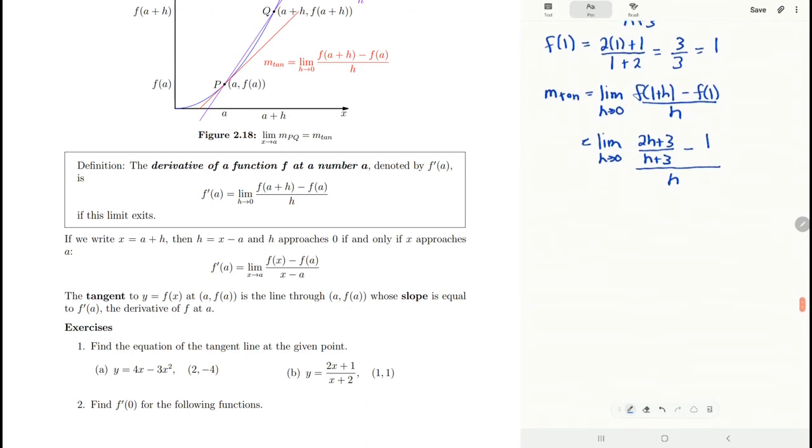So now let's simplify our limit. In the numerator, we have two fractions. So let's combine the two fractions by making a common denominator. And a common denominator is going to be h + 3. So we need to multiply the second fraction by (h + 3) over (h + 3).